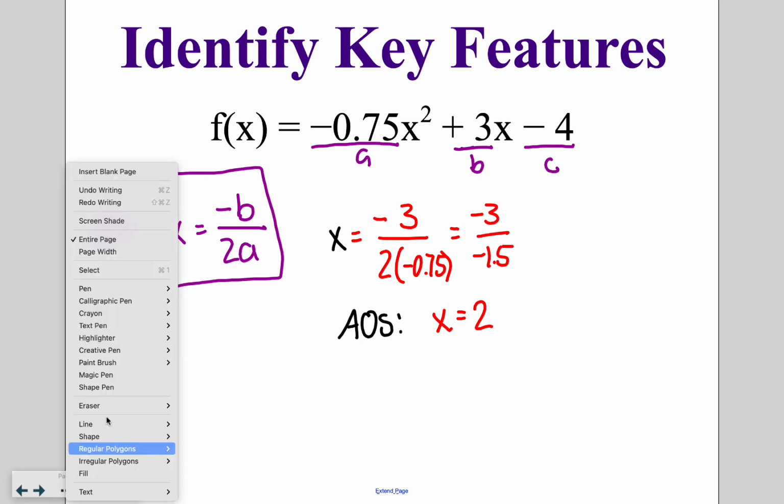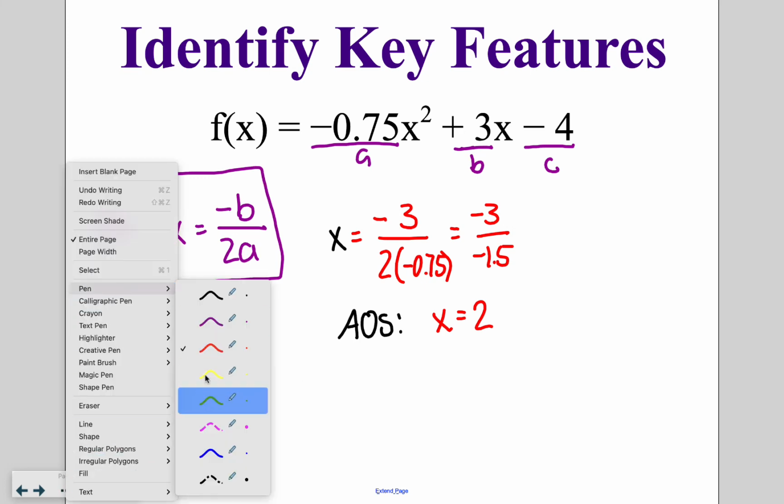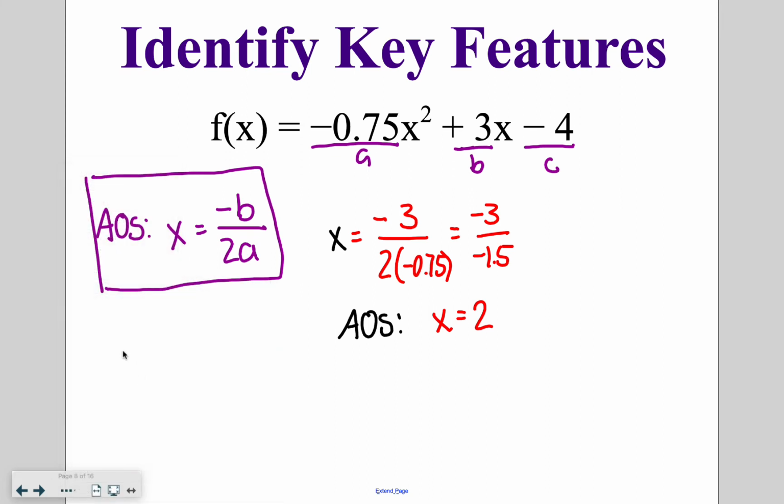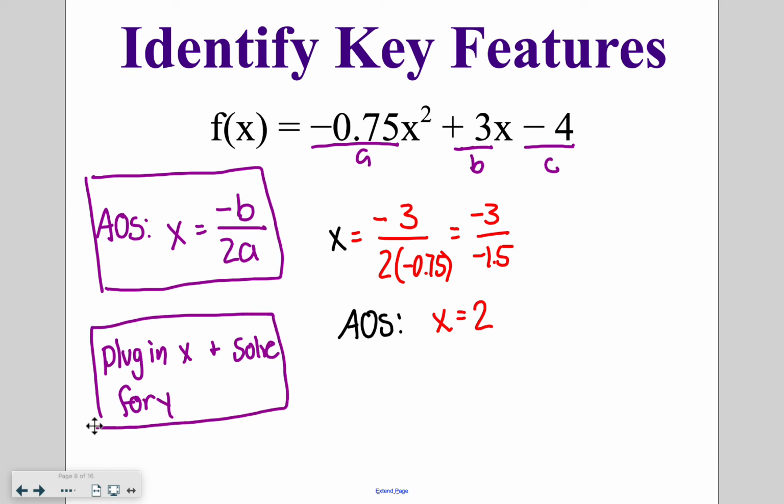Now, to find your vertex, you are going to plug in x and solve for y. So this is the second step of our problem, and this is when we are trying to find the vertex.